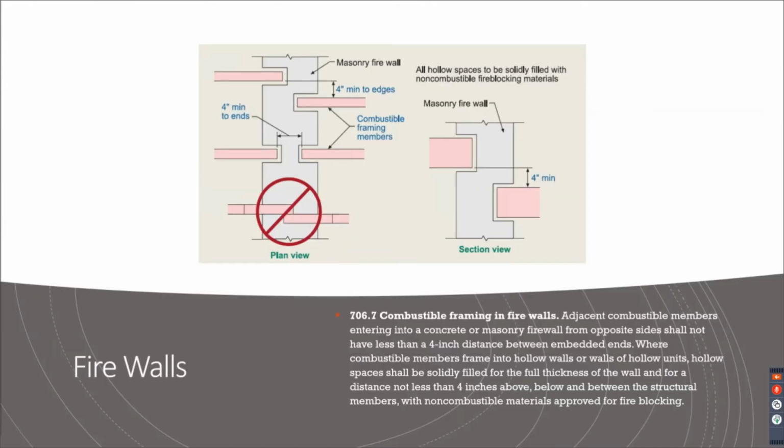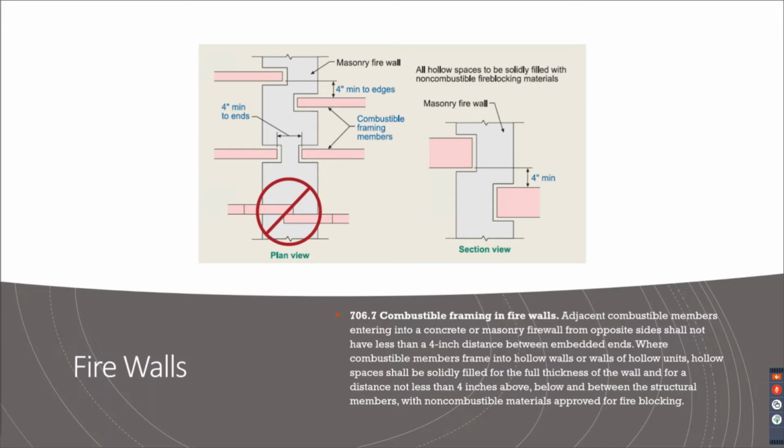And then combustible framing in firewalls. Adjacent combustible members. So now we're talking about construction where you've got combustible components entering into a concrete or masonry firewall from opposite sides, and they shall not have less than a 4-inch distance between embedded ends.